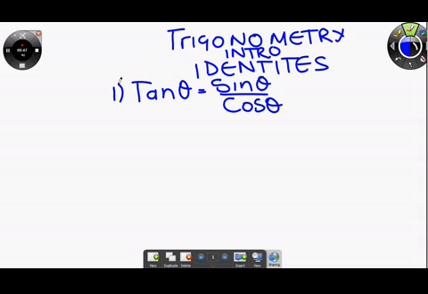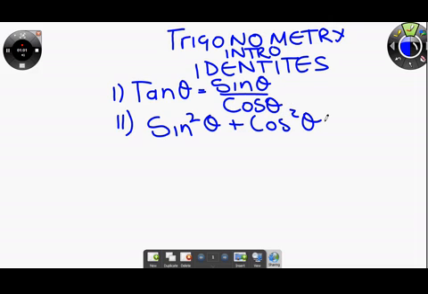It's straightforward. The second identity is this one, and this one is the first of the serious identities: sine squared theta plus cos squared theta is equal to 1. This identity tells us that when we square cos of a number and add it to the square of sine of the same number, we are always going to get 1.